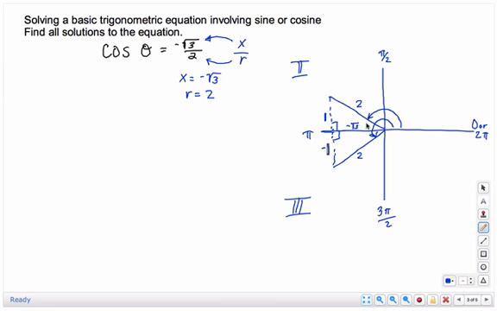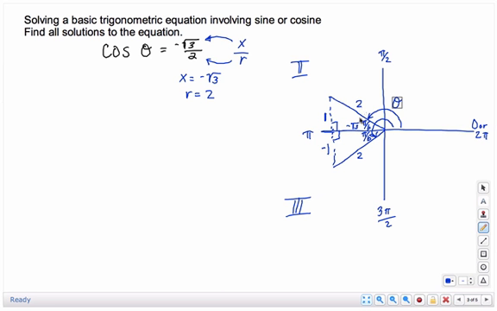Okay, so we have our reference angles here. Opposite the 1 is always the 30 degree angle. And remember, how do we represent 30 degrees in radians? It's pi over 6. Now we want to find out what theta is.